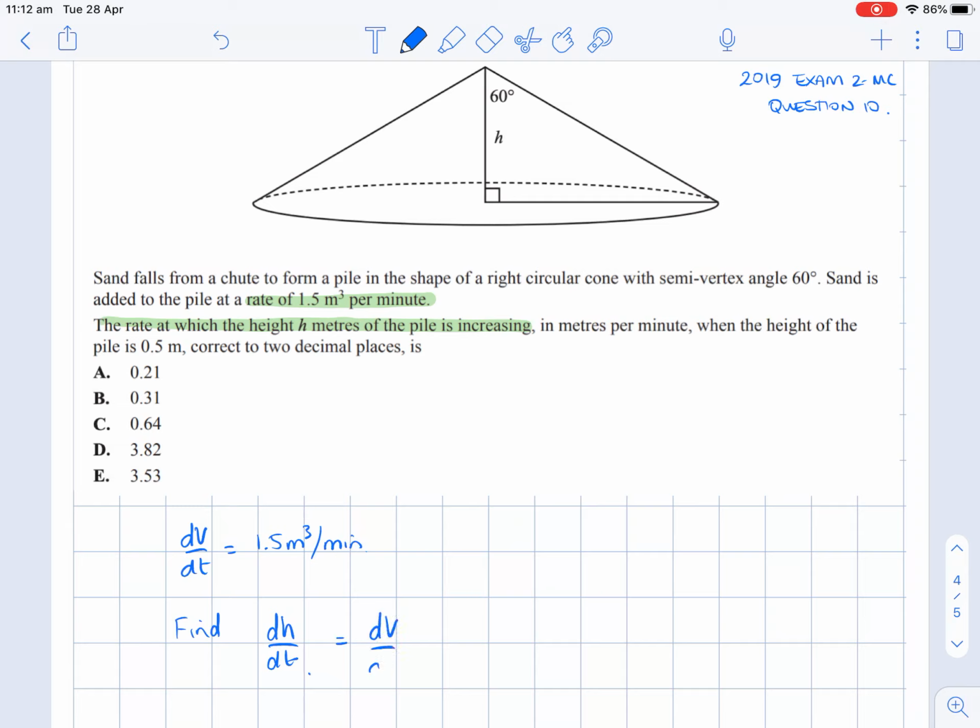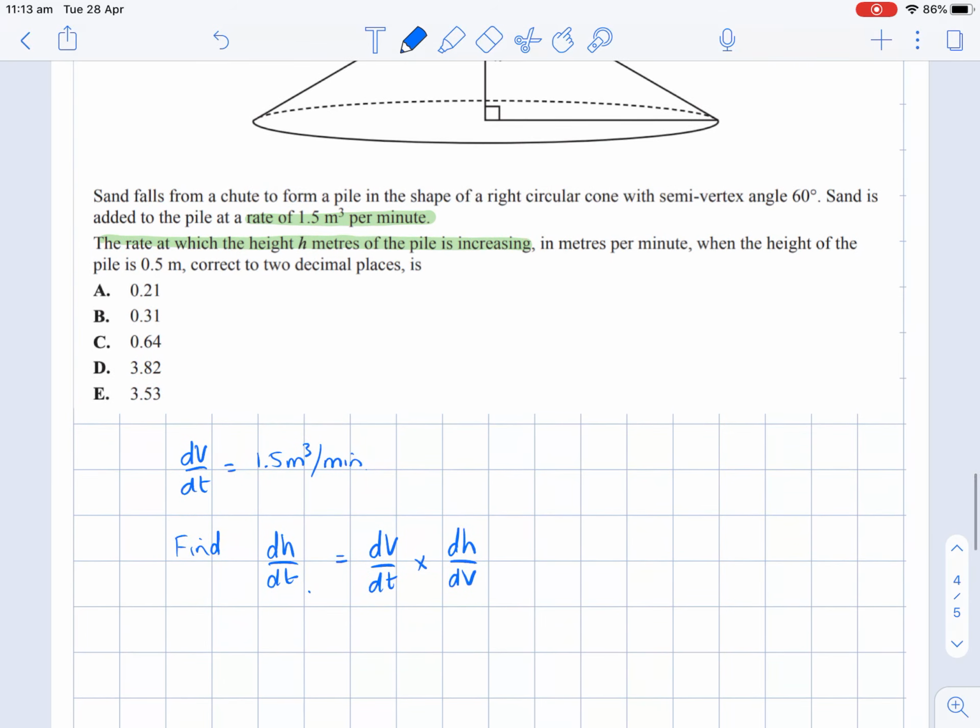Alright, so if I'm going to find dh/dt and I know dV/dt, then I need to multiply that by dh/dV. So then I go, right, okay, what shape have I got? I have a cone, and the volume of the cone is 1/3 pi r squared h.